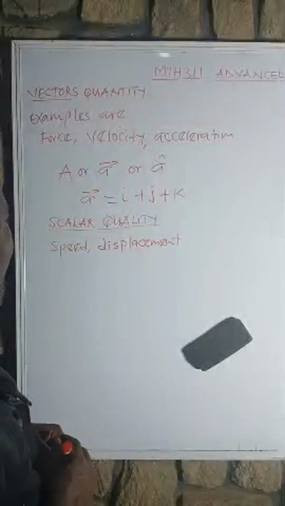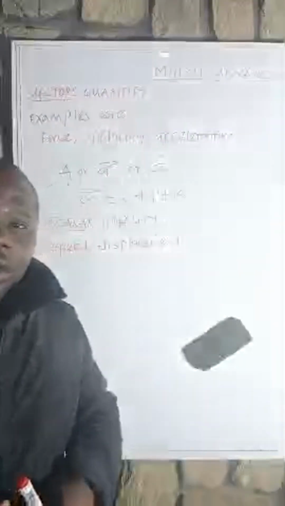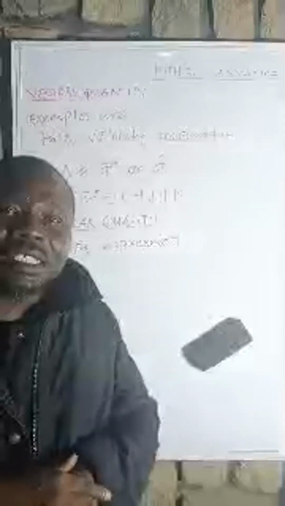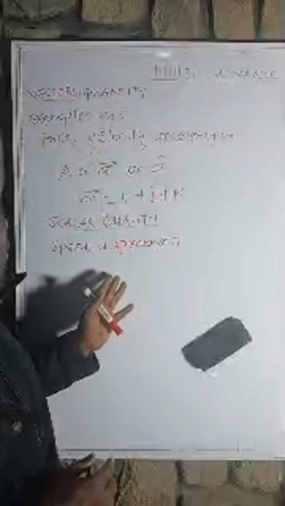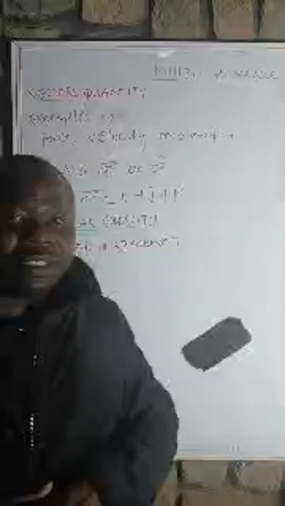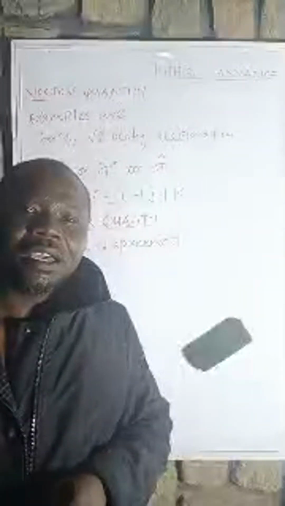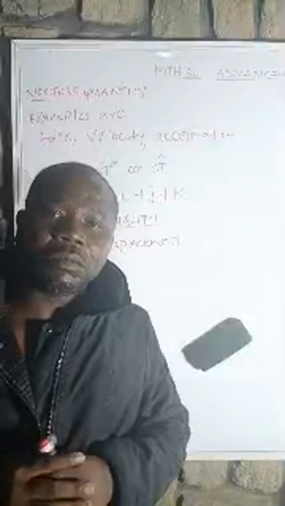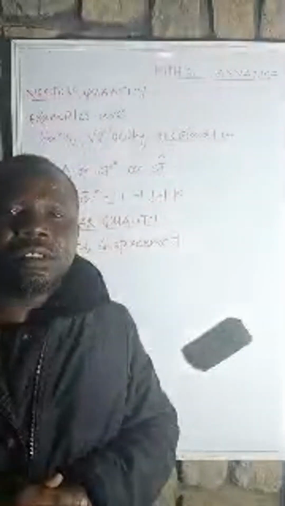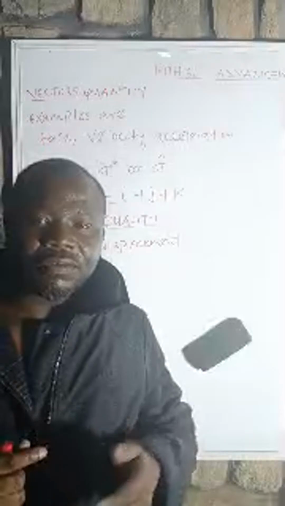So now I want us to go deeply to understand how both vector quantity and scalar quantity are applied. But before that, we are going to consider what is called magnitude, or modulus, or absolute value, or norm. How are we going to find this?